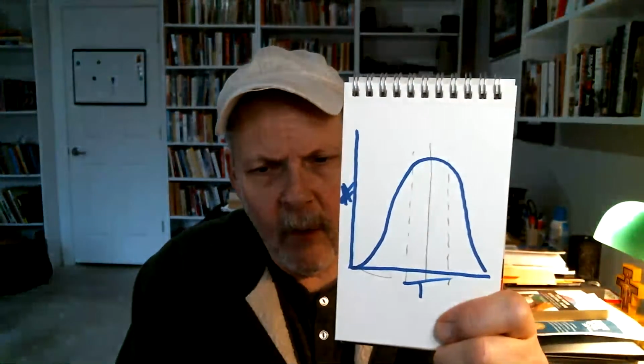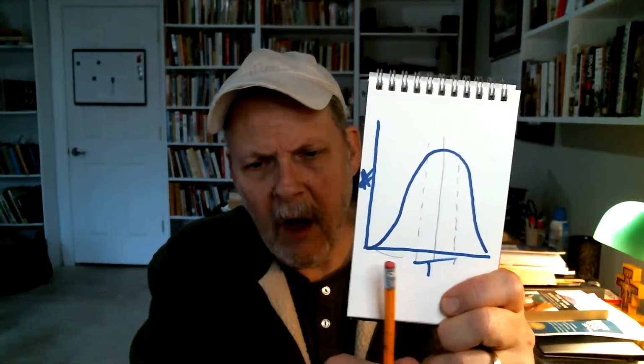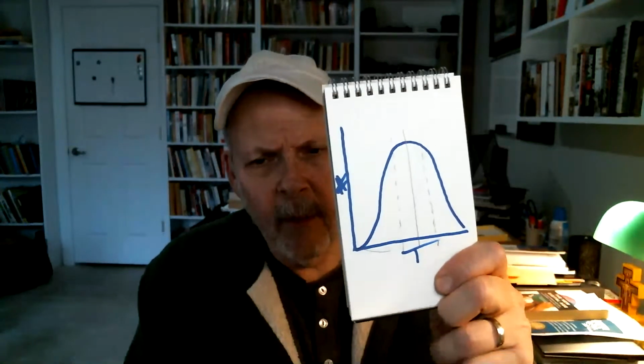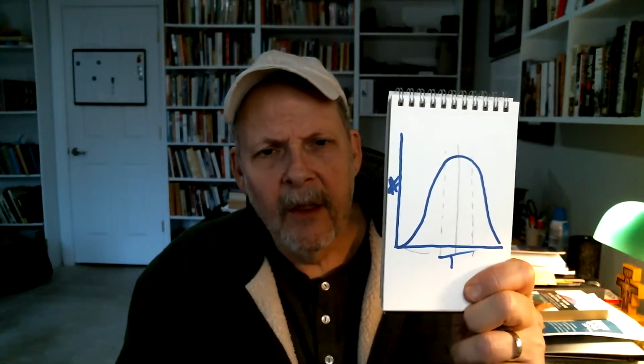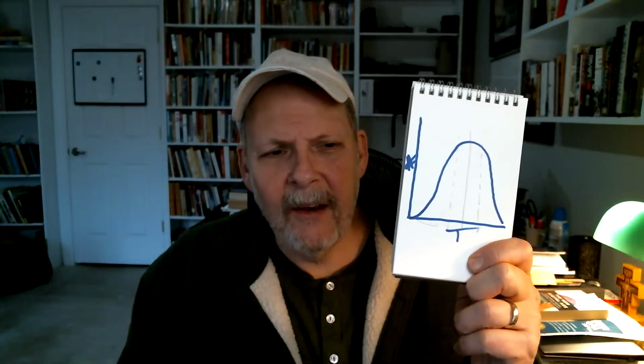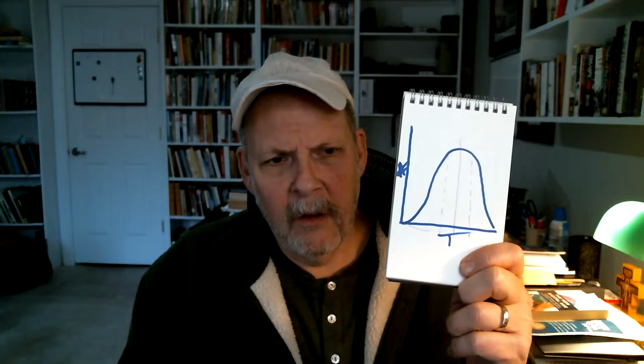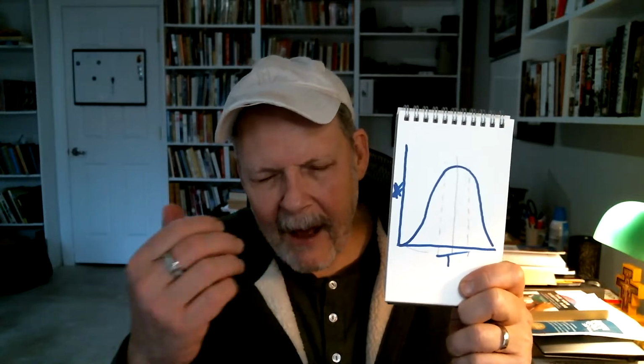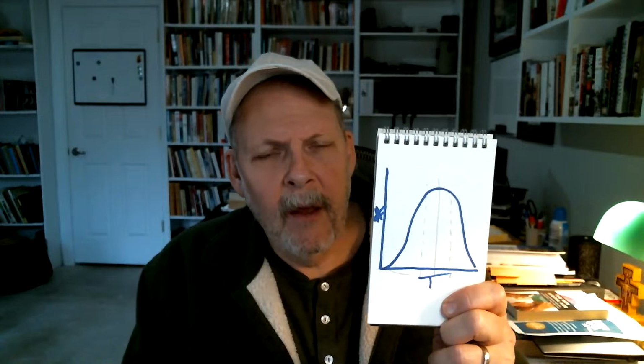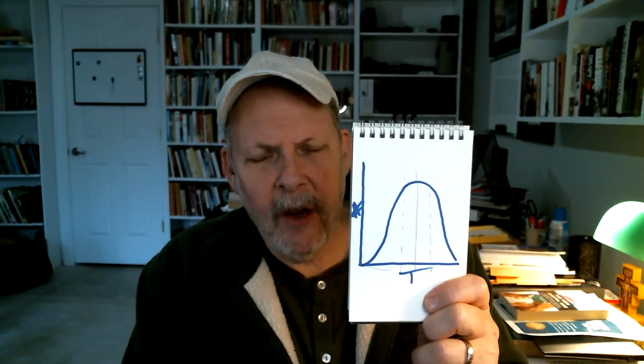And then the band that runs down the center on either side of the mean, that band of people getting caffeinated over a certain percentage of time, that is the variance.